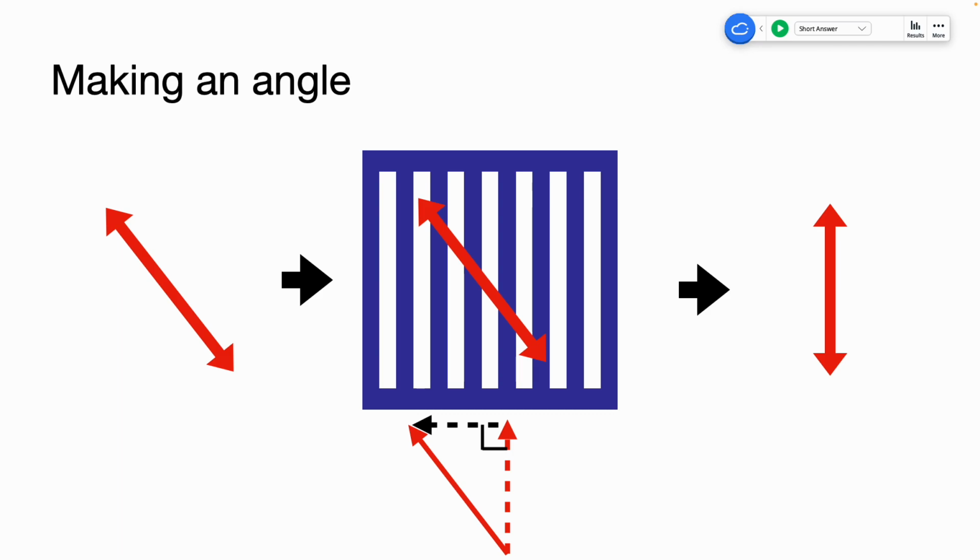You go from diagonal to vertical. All the light that comes out from a vertical polarizer must have vertical polarization because all the horizontal component got blocked. Okay? Any question with diagonal polarization?